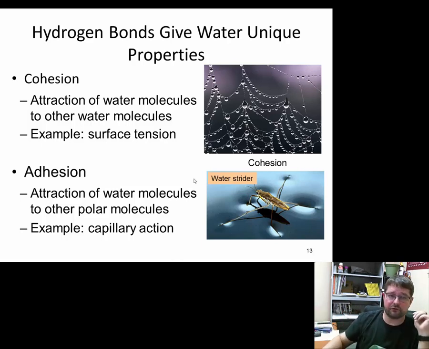Well, what properties of water are they talking about? They're talking about cohesion and adhesion versus the force of gravity. So this attraction of water molecules to other water molecules, but also the attraction of water molecules to other polar molecules, allow for trees to use capillary action to get water from the roots all the way 350 feet up into the canopy, by using these forces.